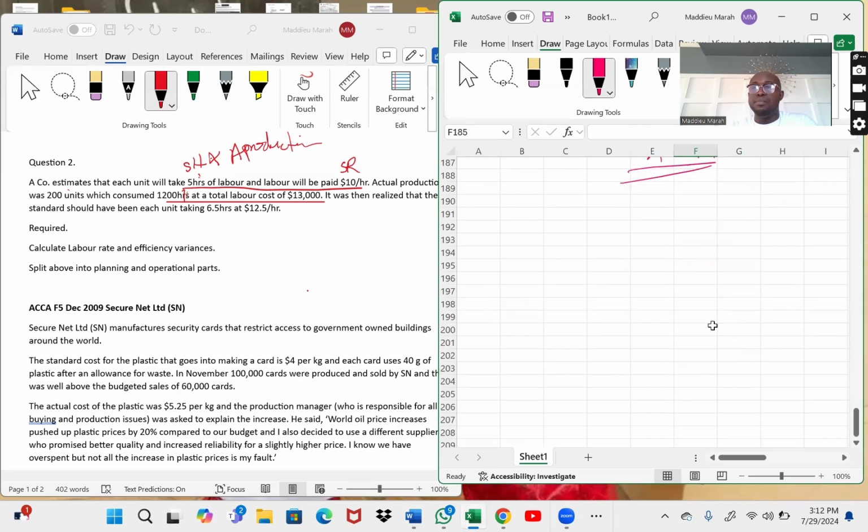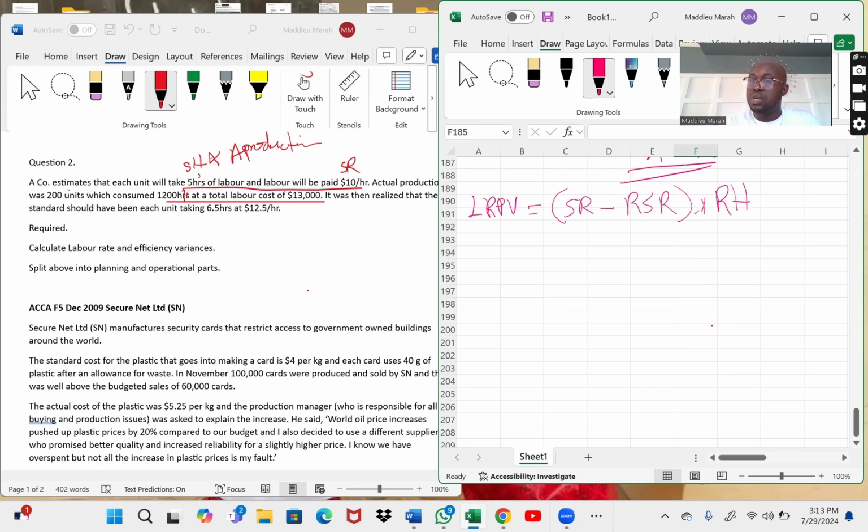Now we are bringing this labor rate and labor efficiency into planning and operational. So let's do the labor rate planning variance. For planning, we are doing the standard rate minus revised standard rate multiplied by revised hours.